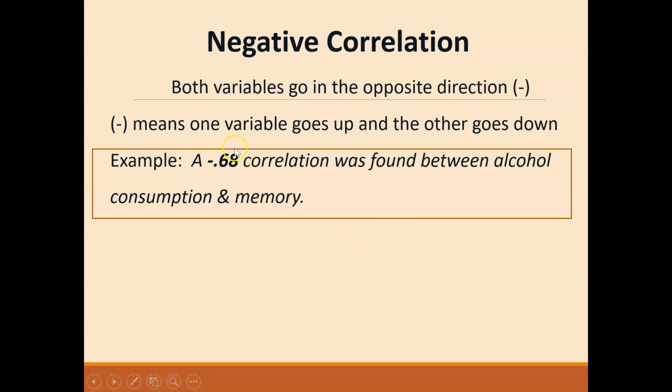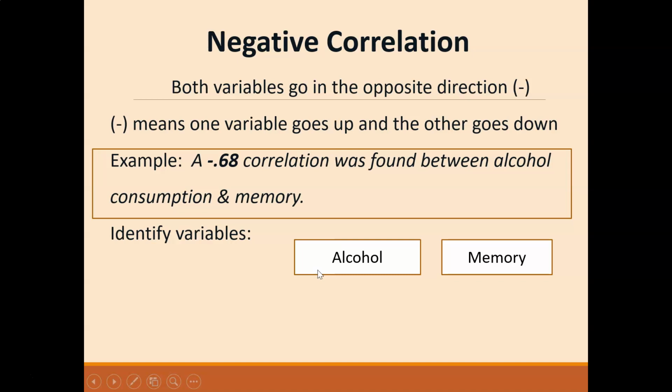So here we have a negative 0.68 correlation was found between alcohol consumption and memory. First thing I'm going to do is identify my variables. What are my two variables? Alcohol and memory. Then I'm going to go up to the direction. How do I determine the direction? There's a negative sign. What does negative mean? One goes up, one goes down.